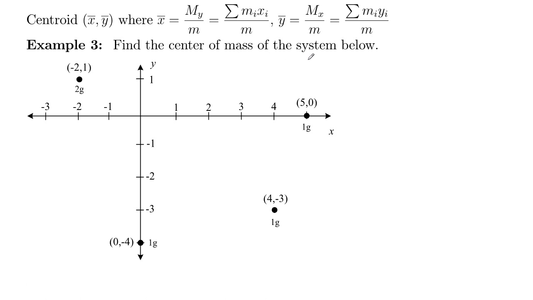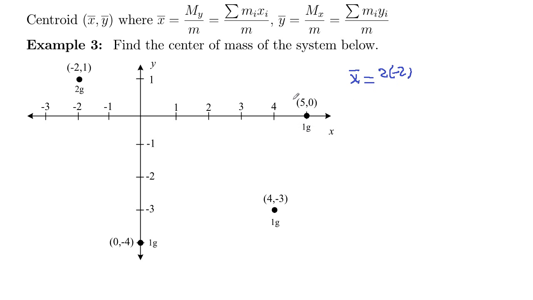So we want to find the center of mass of this two-dimensional system. We've got 4 weights on there, and we've got x and y coordinates here. So our x bar, we are going to sum up the masses times their x-coordinates. So we've got a 2 gram mass here times x-coordinate -2.